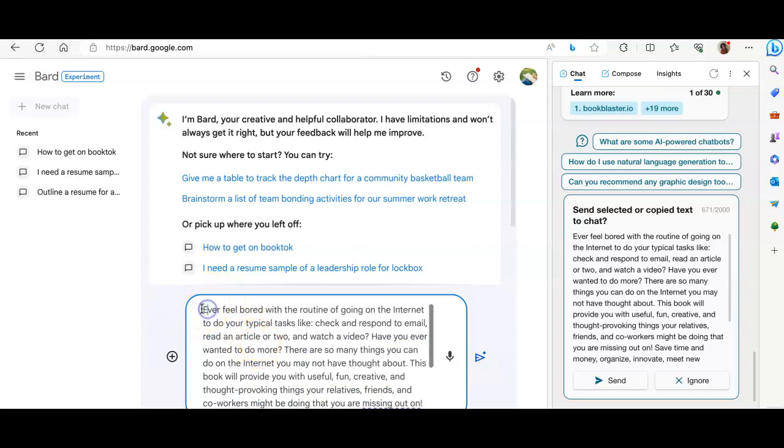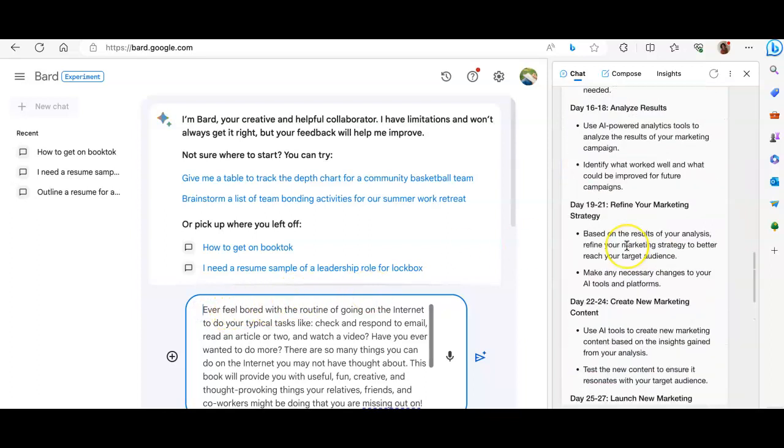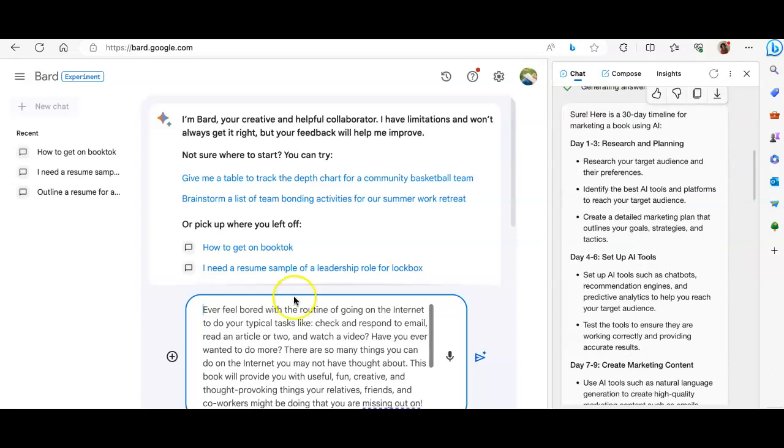So I'm taking my book summary and I'm going to ask AI to help me with my target audience. And you should be doing something like this on your phone or on your computer for your product and your service. So we're basically doing this together today.